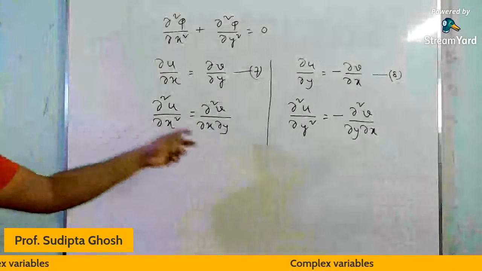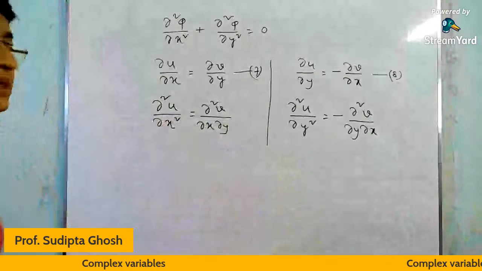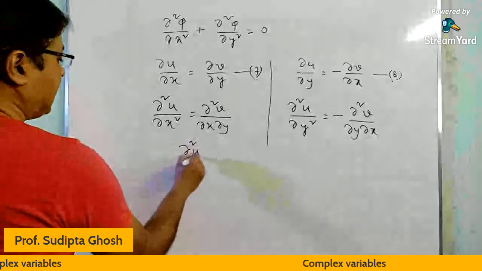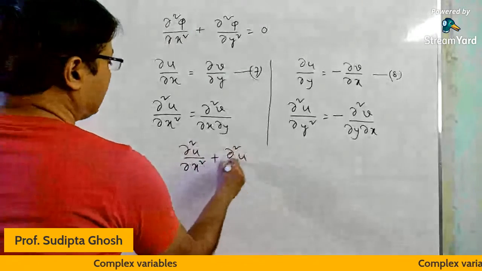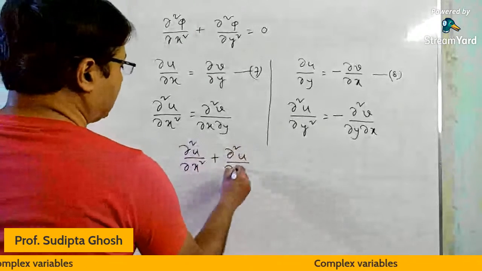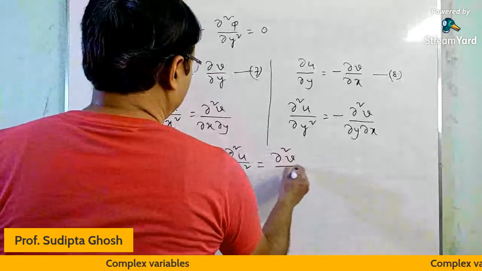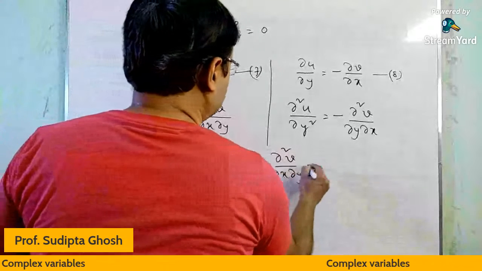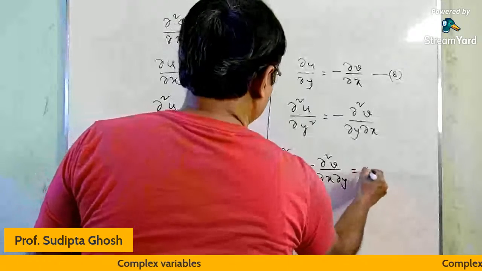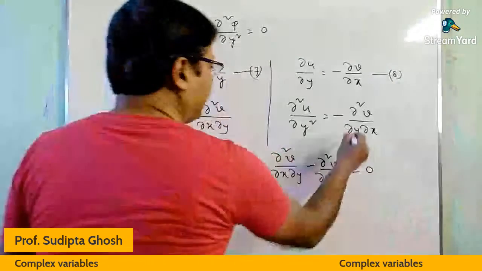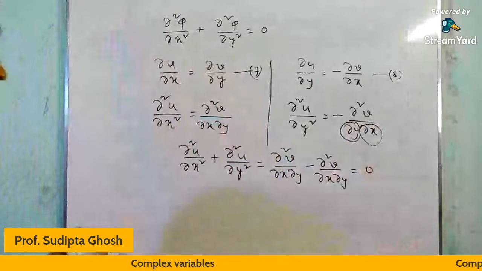Adding these two, since we are going to prove Laplace's equation, we add del 2u/del x2 plus del 2u/del y2, and it will be del 2v/del x del y minus del 2v/del x del y, and as we admitted that these differentials are interchangeable, it becomes 0.